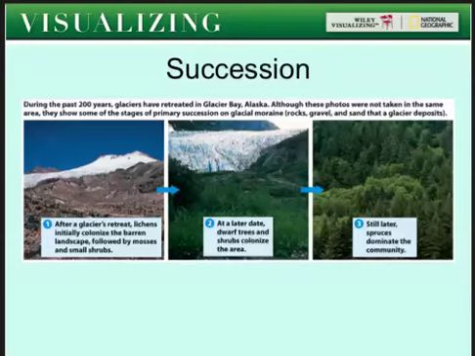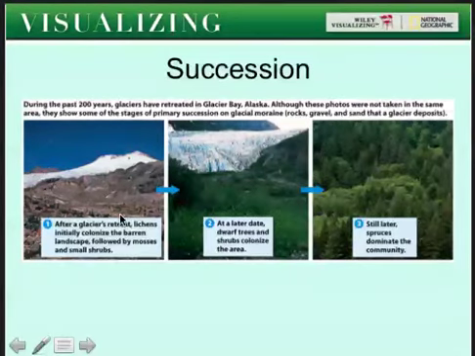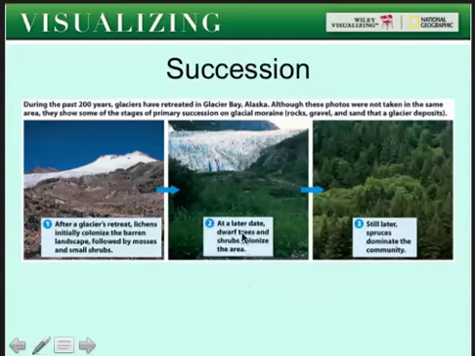During the past 200 years, glaciers have retreated in Glacier Bay, Alaska. Although these photos were not taken in the same area, they show the same stages of primary succession on a glacial moraine. We move from rocks and gravel, as you can see here, and sand that a glacier deposits, and then we begin to see plant growth.